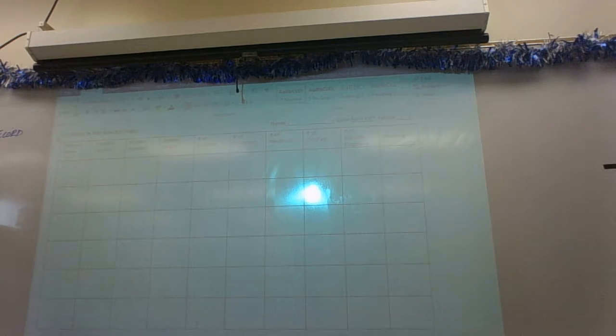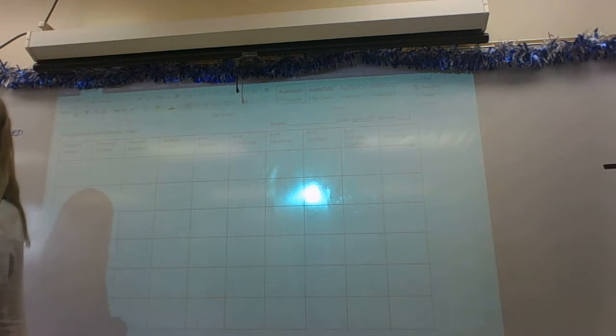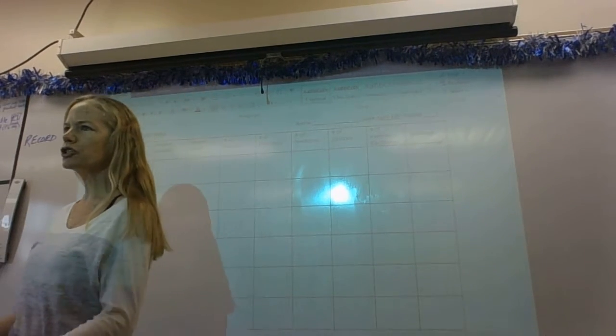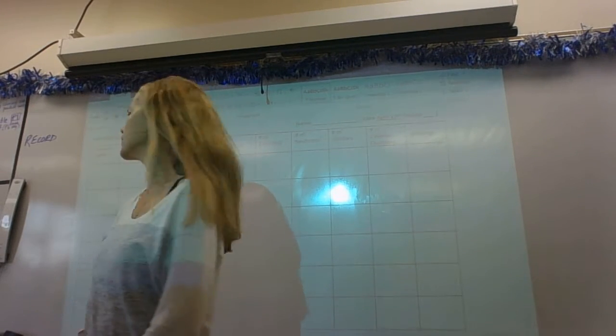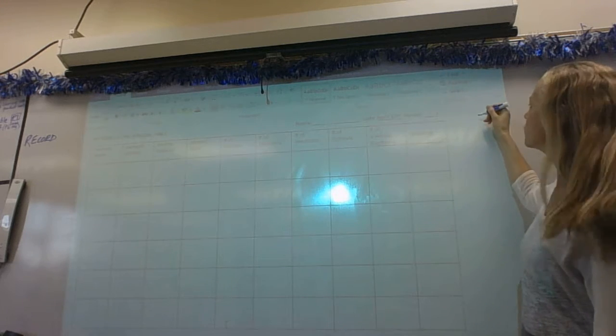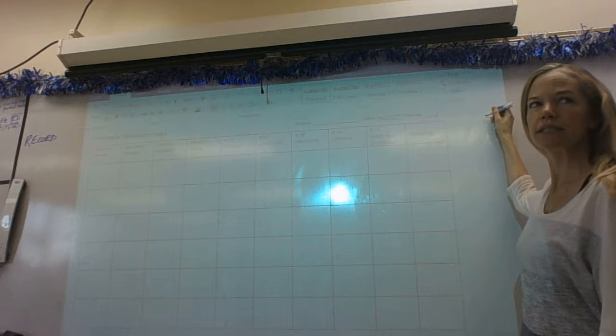Okay, you guys, do you recall what I mean by atomic structure? What is an atom? Do you know the structure of an atom? Let's review a little bit. We did this yesterday. So we have the nucleus. What's found in the nucleus?